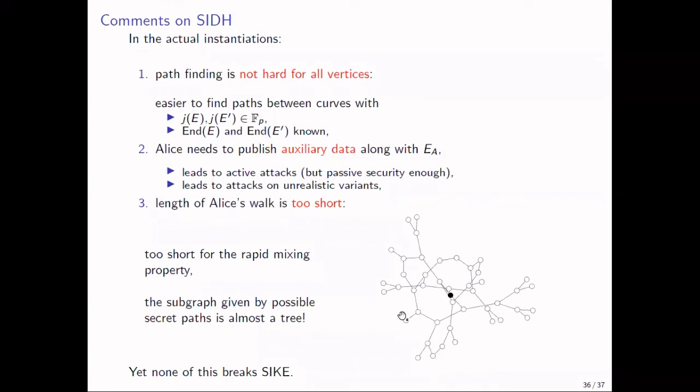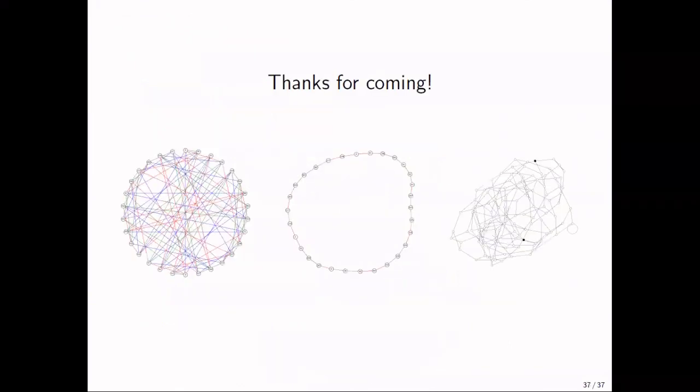And what's even more impressive is that none of these issues actually break the practical instantiations of SIDH, or the best implementation, which is SIKE, which deals with this passive security. But none of these issues have any impact on the security of this. And I think this is a good moment to stop.